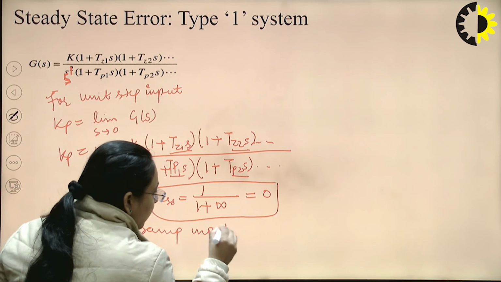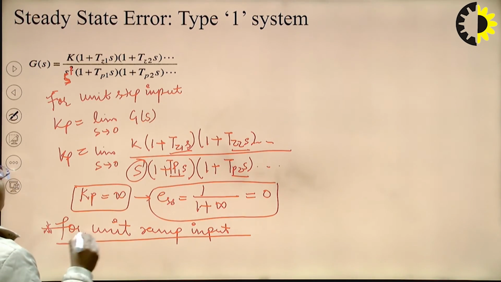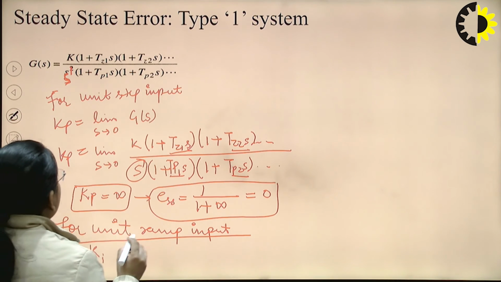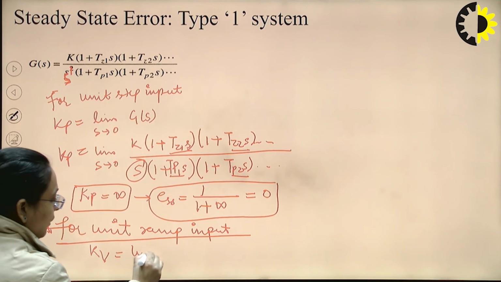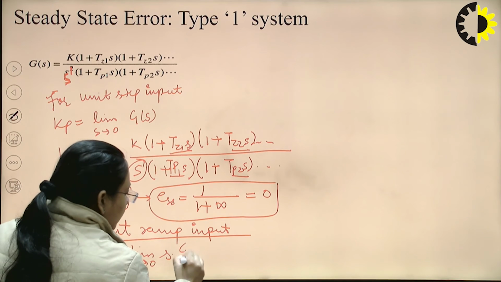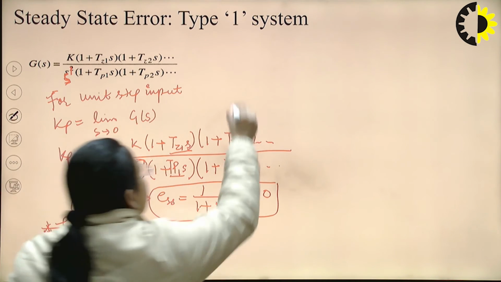For unit ramp input, the value of Kv will be equal to limit s tends to 0 of s into G(s). Again we will put the value of G(s) in this equation.